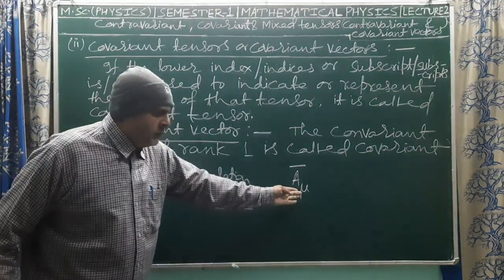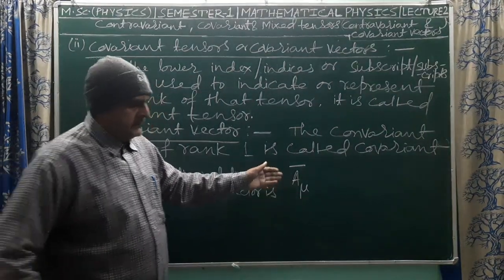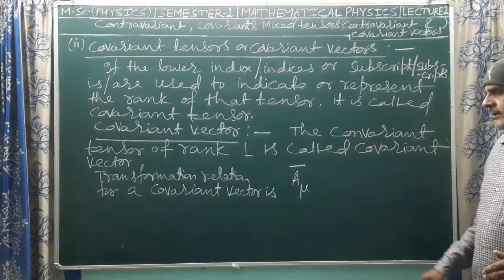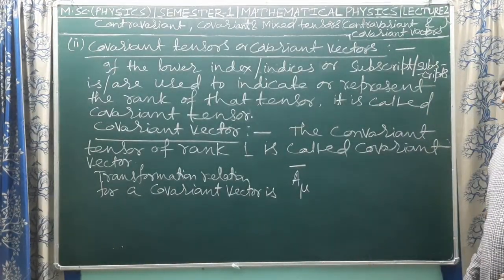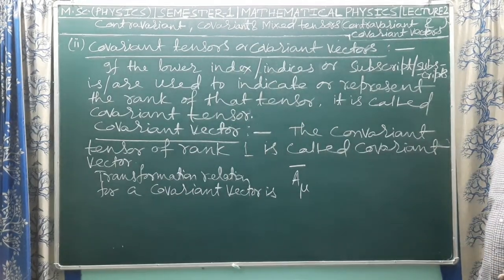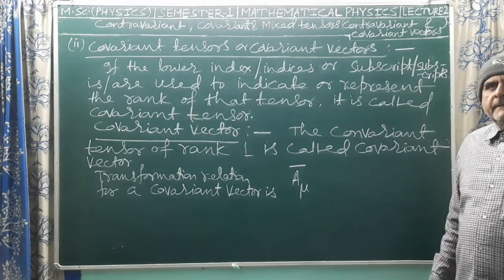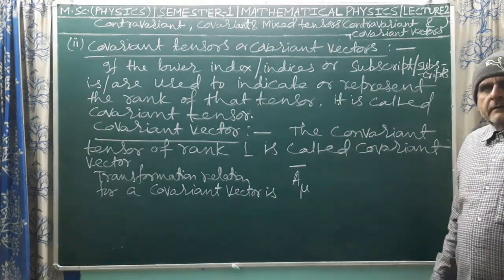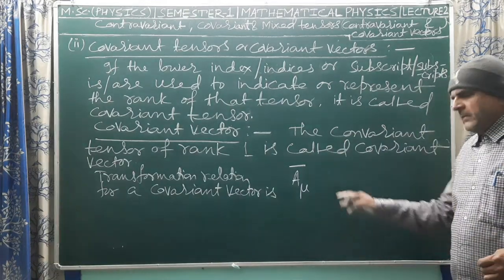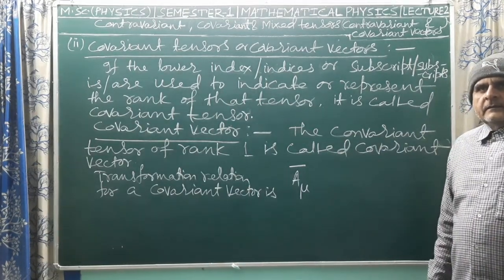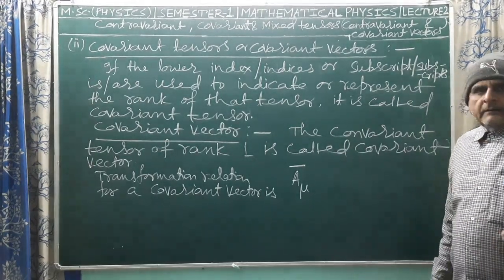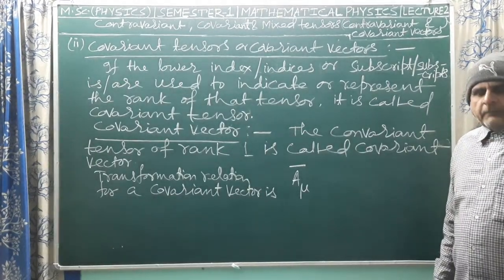And a bar, we can also write as a dash. This is a set of quantities in the coordinate system x bar mu, while a mu is a set of quantities in the first coordinate system.